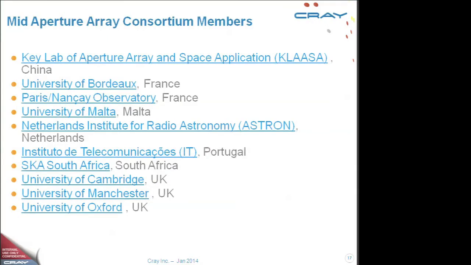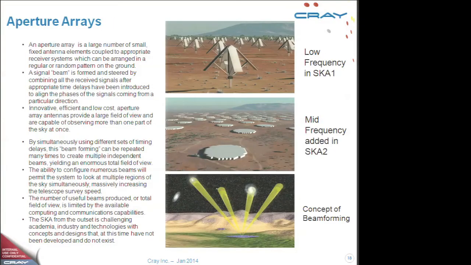Here's a mid-frequency consortium, and some of the very same people. The top picture is what the dipole artist's impression looked like, and the one I've seen in Cambridge, there are no flat surfaces, they're all rods, and very cheap to manufacture.